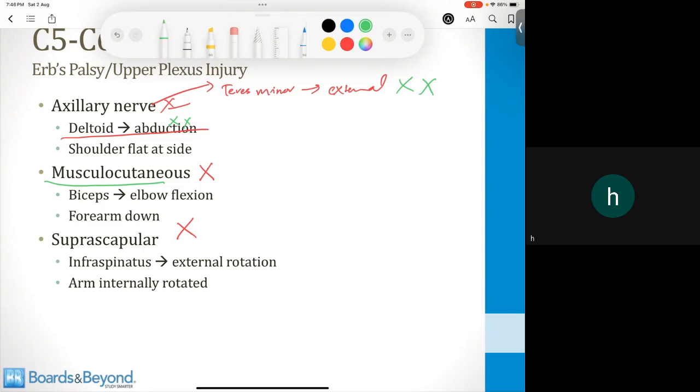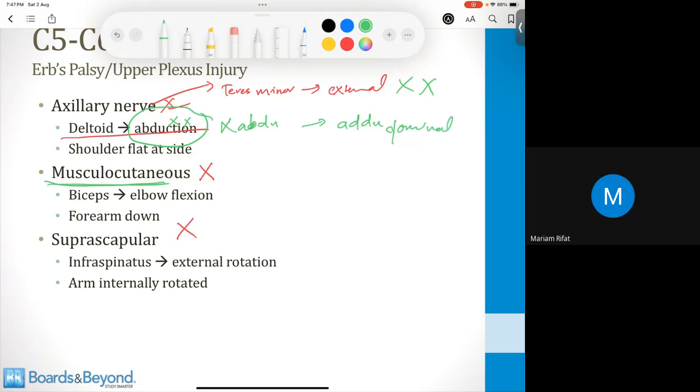We won't be having abduction, so the adductors dominate, which leads to adduction of the hand.